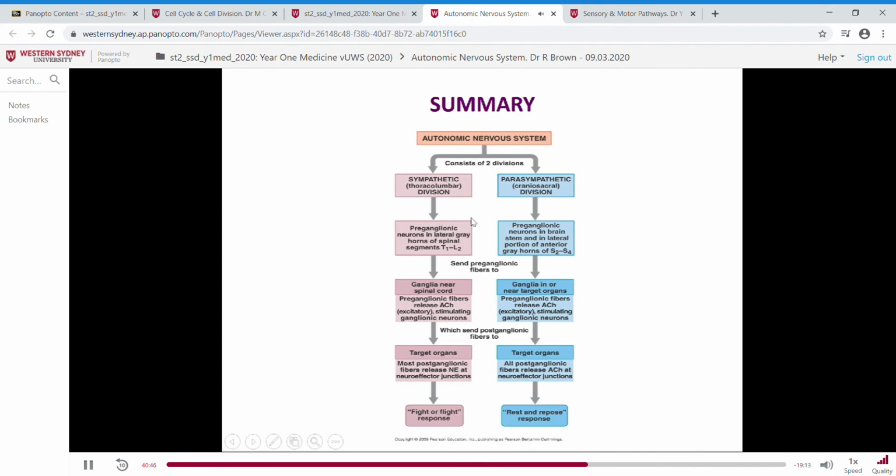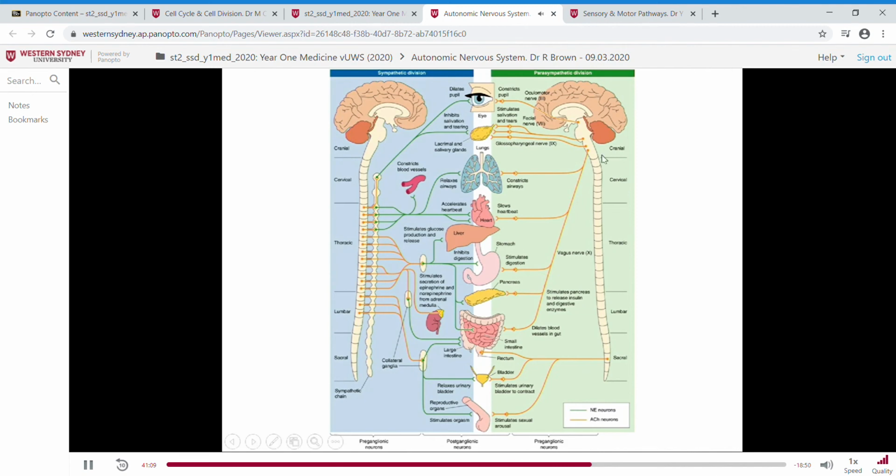So you've got the sympathetic here and the parasympathetic, okay? Everything that we just said, the preganglionic, the neurotransmitters, down onto the postganglionic, and it's the fight or flight response, and your parasympathetic, which is your craniosacral division, the rest and digest response. This figure is similar to the two I showed you before that were separate, but now they're together.